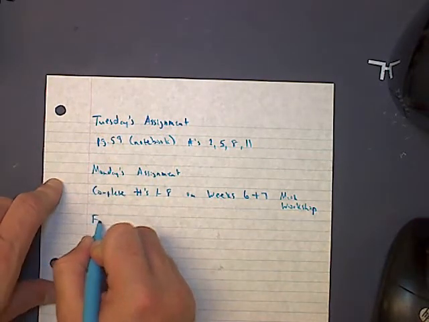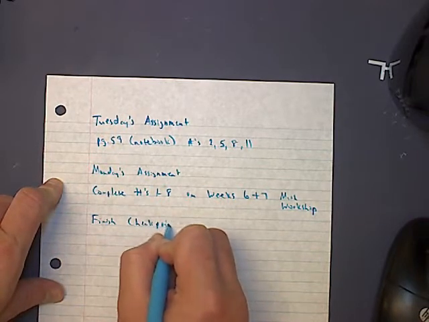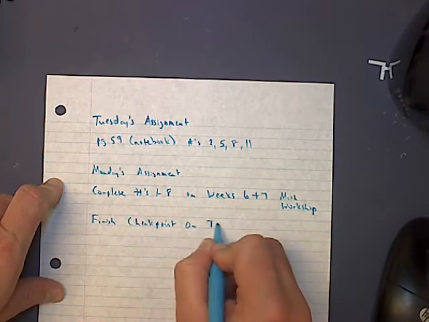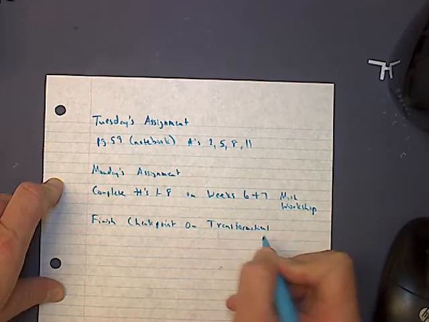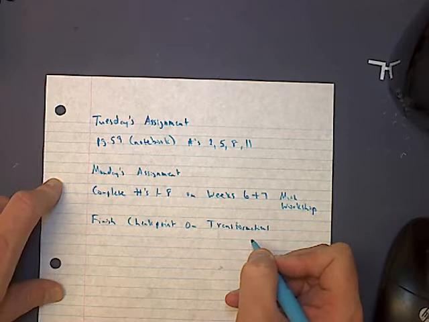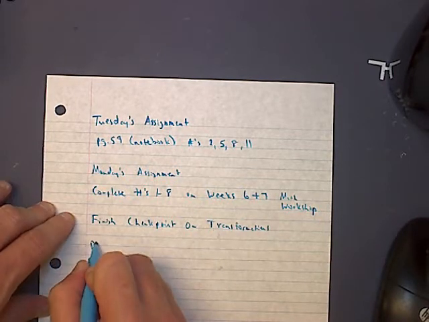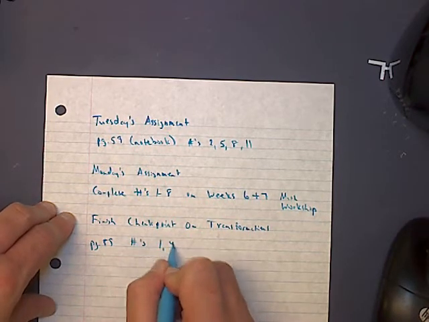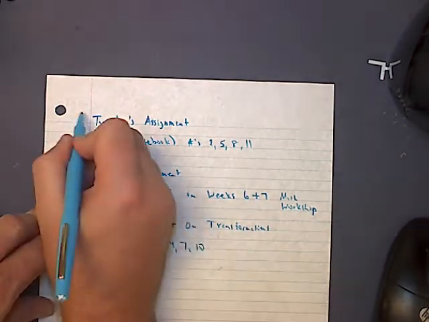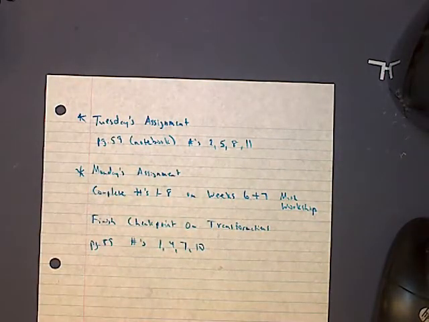Finish checkpoint on transformation. And it was page 59, numbers 1, 4, 7, and 10. So here's Tuesday's, here's Monday's. I'm going to be checking for all that on Wednesday.